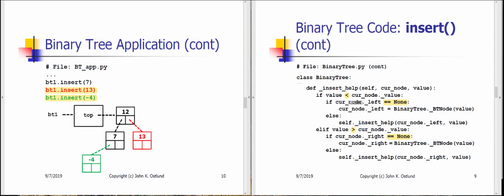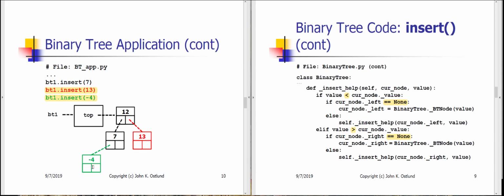So curnode._left, the _left instance variable in the node containing 7, is none. And consequently, I modify the _left instance variable in the node containing 7 to refer to this newly allocated binary tree node containing -4. And so that adds the green node, the -4, down to the left of the 7.